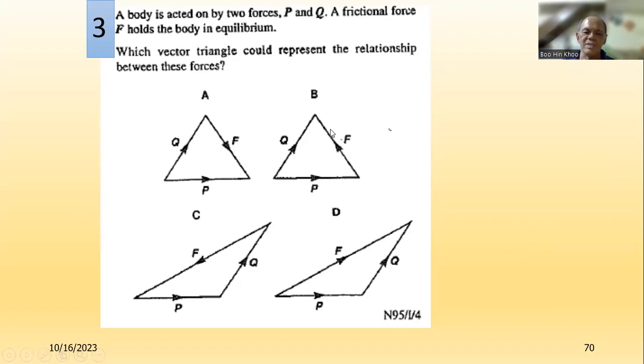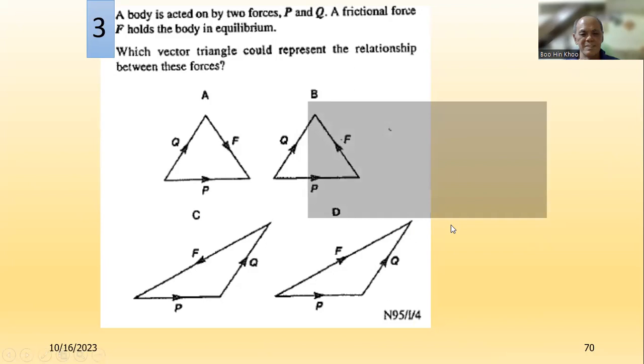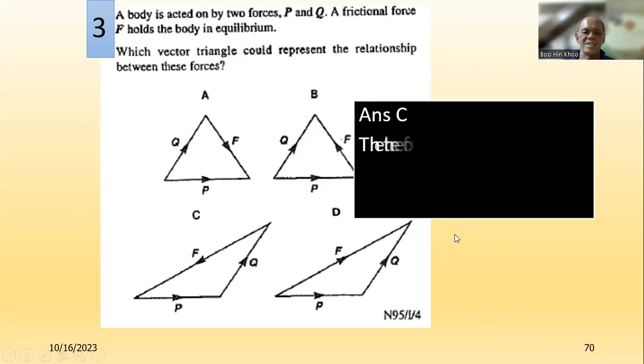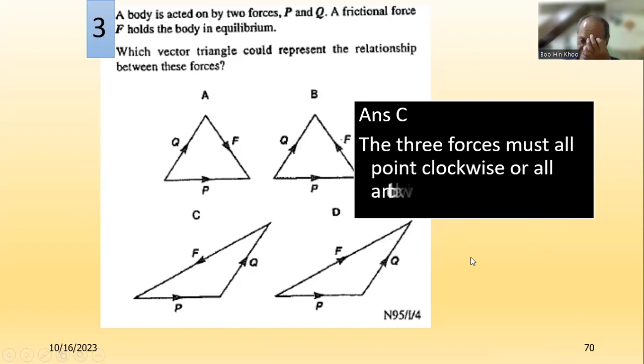This one goes anti-clockwise, this is the resultant. This answer: all point in one direction and form a closed triangle. This one, no, this is the resultant. Answer C. They must all point clockwise or anti-clockwise and form a closed triangle.